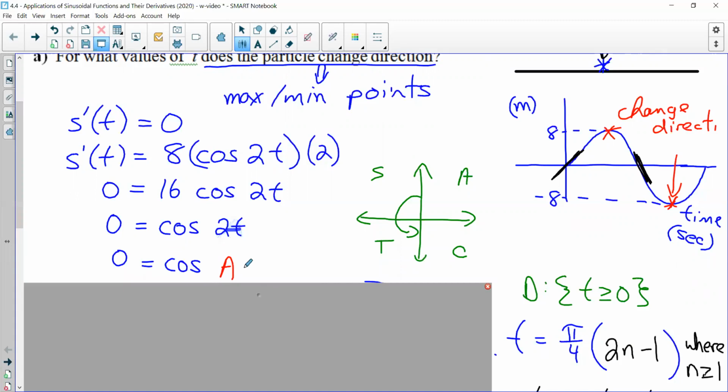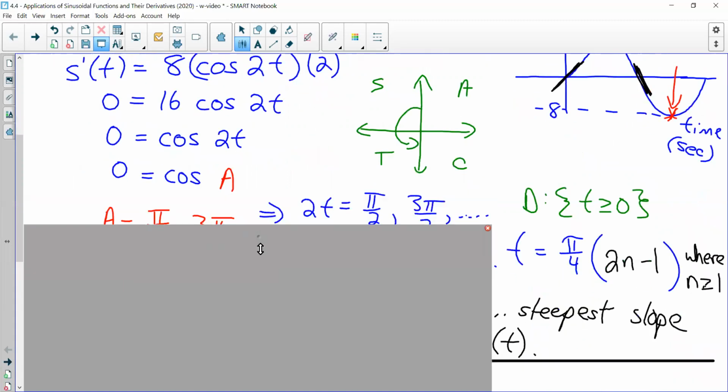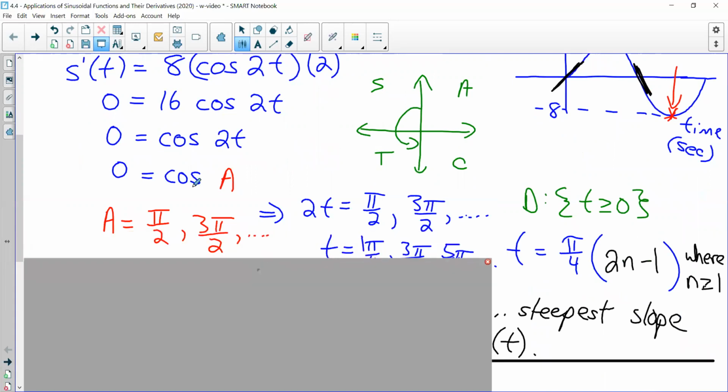So the cosine of a particular angle gives you 0. And you should remember that the angle for which cosine is 0 is pi by 2, right here. So that's when your cosine is going to be 0, and also at 3 pi by 2, your cosine is going to be 0. That's the angle that is the key one.